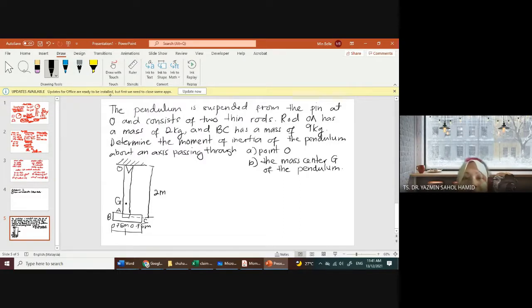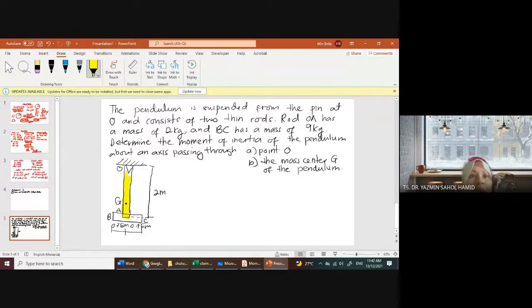The pendulum is suspended from pin at O and consists of two thin rods. So ada dua thin rod. So pertama rod OA ni. Okay, ni rod OA ni yang kuning ni.